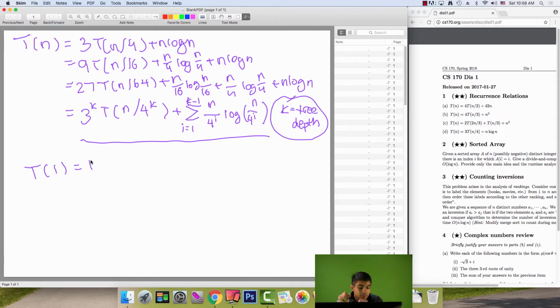Essentially, all we're doing here in this assumption is saying at some point the recursion will end and will require just a constant amount of work to do. Okay, so let's see at what depth this occurs. To solve for that, we want to take this 1 and set it equal to this n/4^k. So we get 1 equals n/4^k, so 4^k equals n.